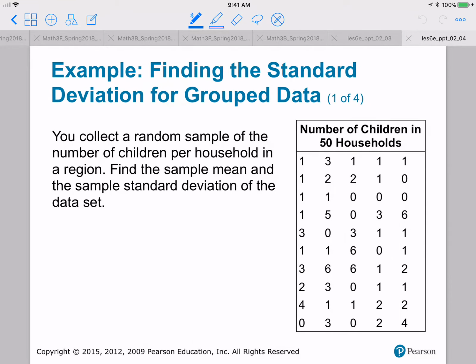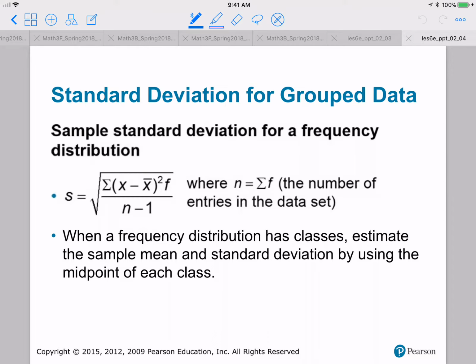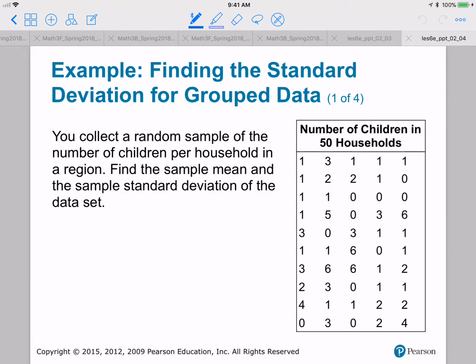You're looking at the squared deviation times the frequency, and then that divided by n minus 1. But notice that here, this x is going to be the midpoint of your class. So you're going to use the midpoint of each class to estimate the class.